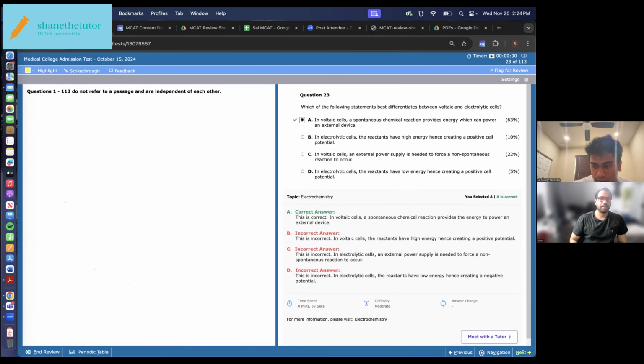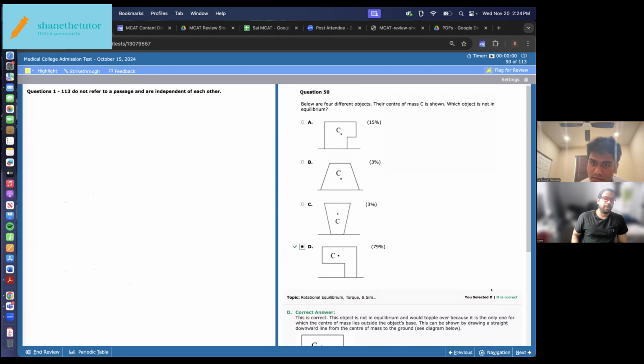Why is this D? I didn't really understand. So imagine you had something like that, and you tried... I'm trying to look for something near me, but basically if you had this, it would topple over, right?